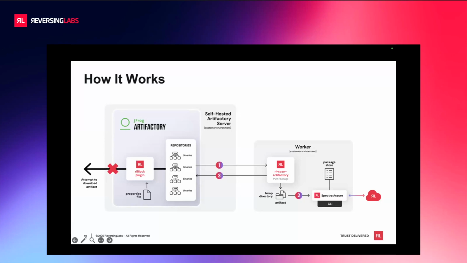Whether those artifacts are open source libraries with very severe vulnerabilities, or a release package where we found malware, whatever the case is, the plugin will block access and download of that artifact. And so you're simply protecting your organization and potentially your customers with that plugin. So that's at a high level the nuts and bolts of how the integration works when you're scanning with the CLI.